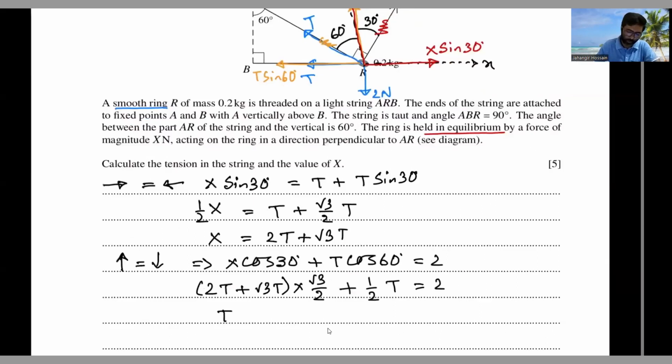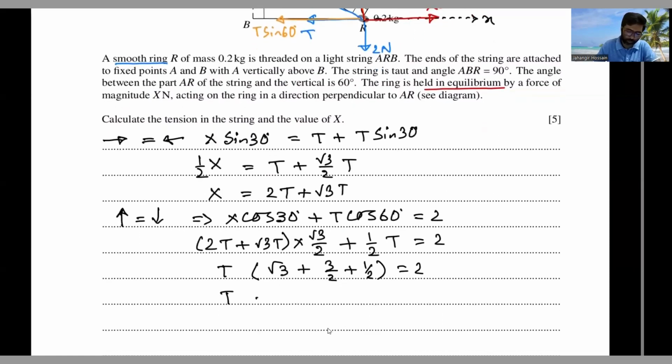Now take T common from here, so we have T times root 3 by 2 into 2 plus root 3, plus a half, equal to 2, so T is 2 divided by 2 plus root 3. That's the value of T, the tension in the string.